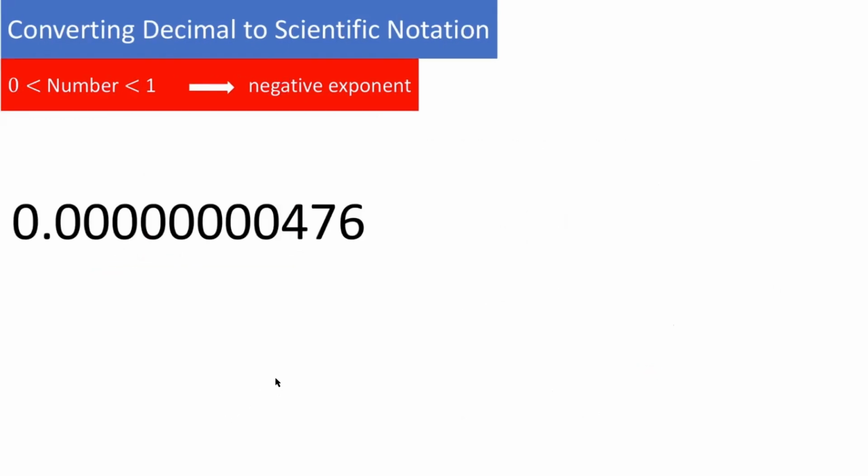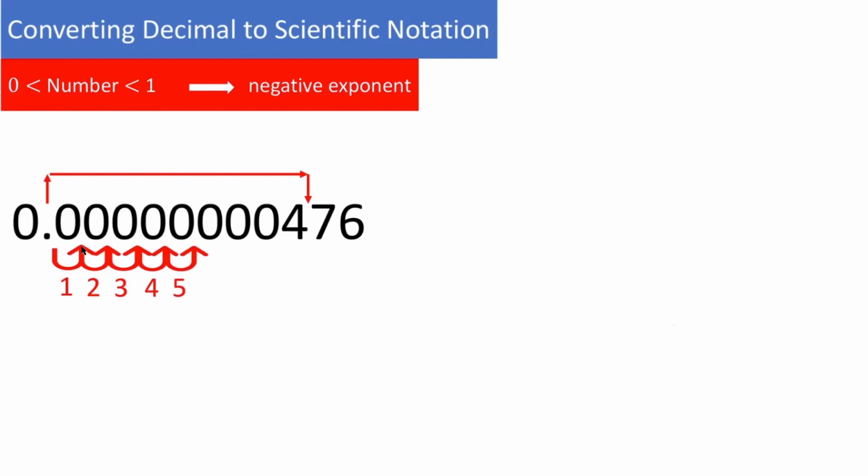Let's take this small number between 0 and 1. This decimal point is going to be moved all the way to here. So each time now I'm multiplying by 10. Each time 10, 10. So once I get to here, I multiplied this number by 10 to the power 9.